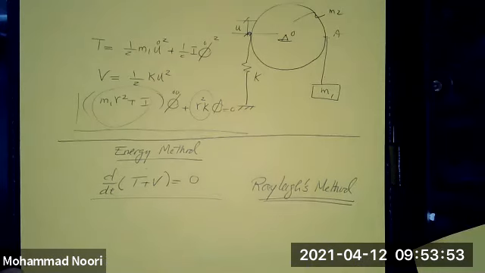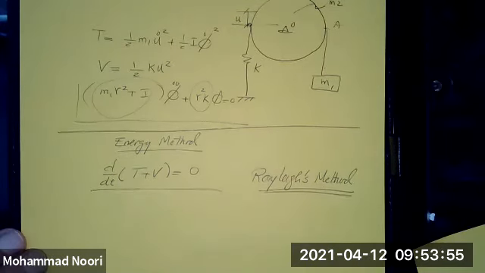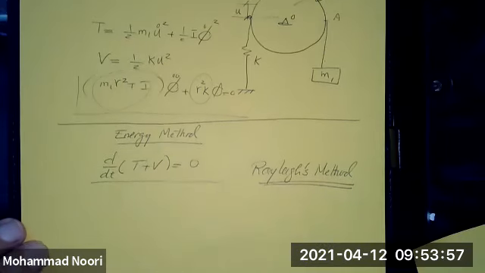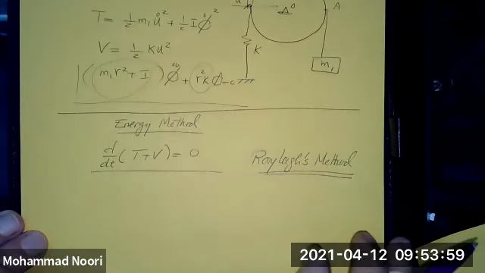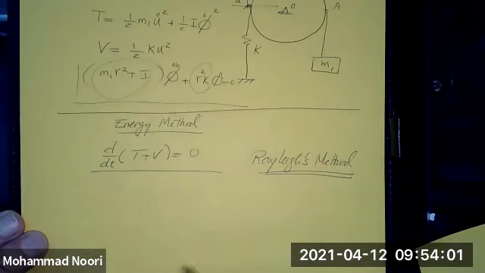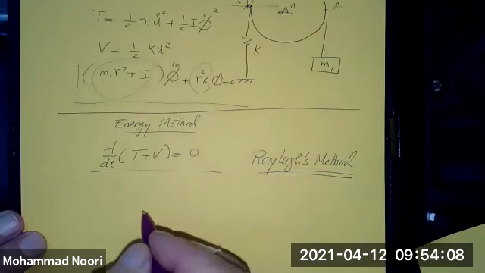So I will just set the tone right now today for introducing Rayleigh's method, and we will continue next time. Let's go back to what we had discussed at the beginning when we were introducing the concept of degrees of freedom.